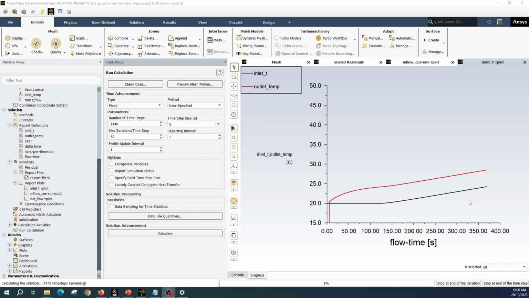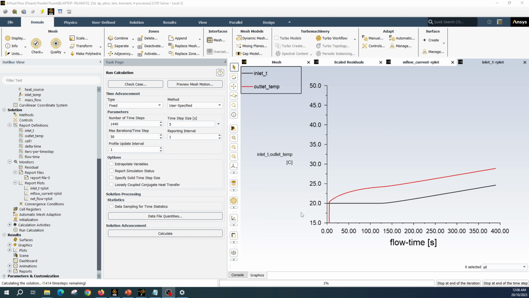That's how you can use expressions in your simulation. You can use them for complex situations, and of course it depends what kind of problem you have, but you can solve a lot of problems without going into a UDF. You don't need programming; with simple mathematical expressions you can solve most of your problems.